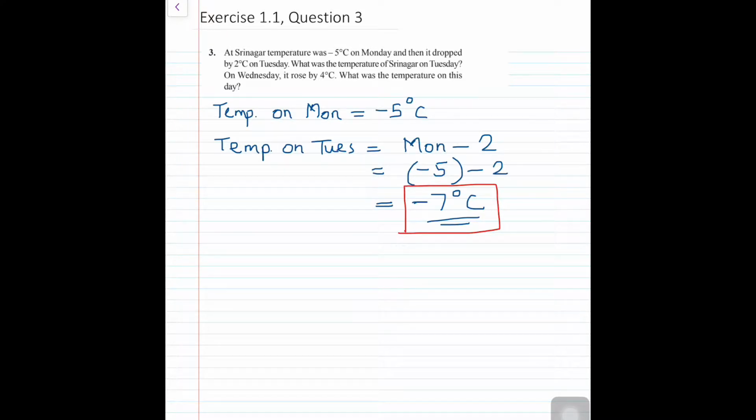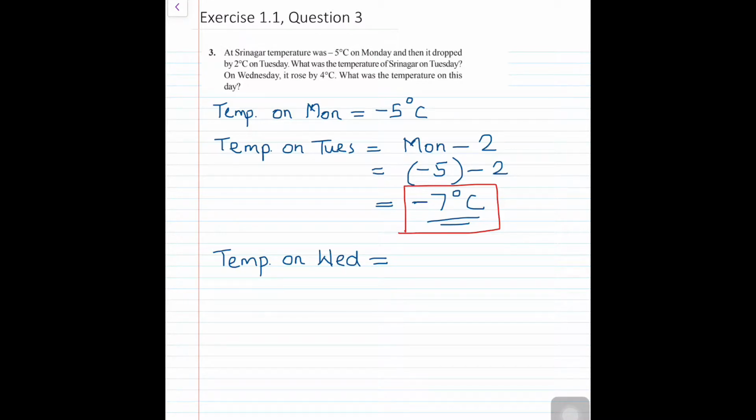Now coming to the second part of the question. On Wednesday, it rose by 4 degrees Celsius. Rose by 4 degrees Celsius means it increased by 4 degrees Celsius. Okay. So temperature on Wednesday is equal to, it increased by 4 degrees Celsius. So it is something plus 4.